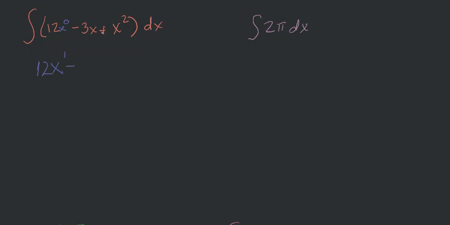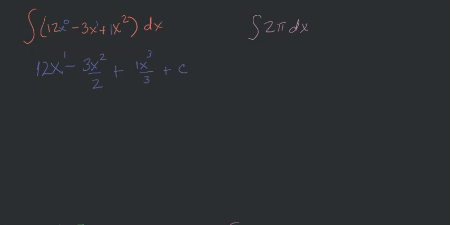Minus 3, this is x to the 1st, so it's going to be x to the 2nd over 2, and then the 3 just comes down in front. Plus, here we have x to the 2nd, so it will be x to the 3rd over 3, and there's a 1 right there, so we'll put a 1. And then we need to put plus c.